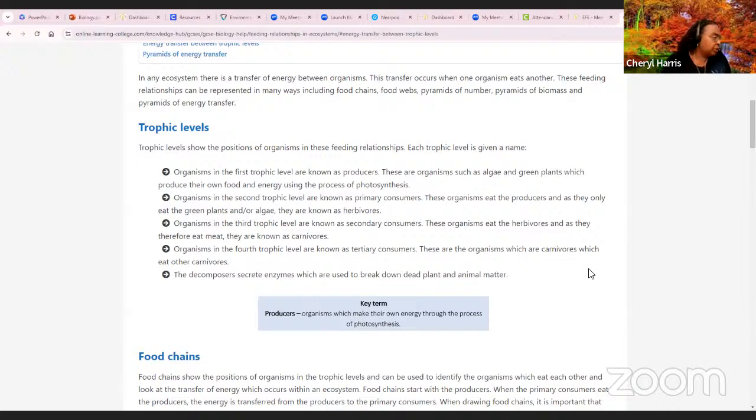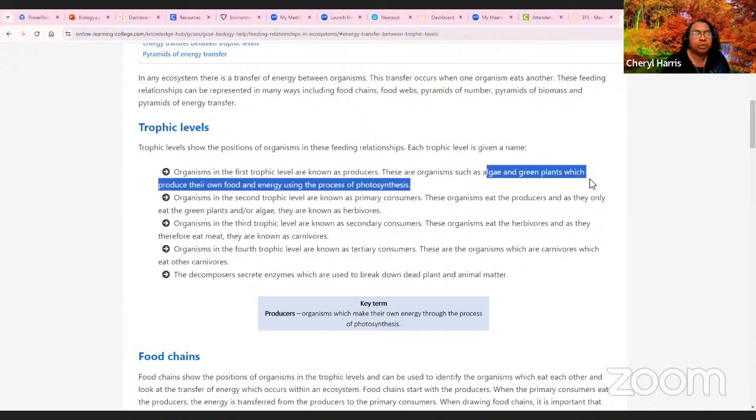These are vocabulary that you need to be familiar with. The organism, and this is important, the first level is always your producers. Examples of these are algae and green plants, and they make their own food and use it to get energy.